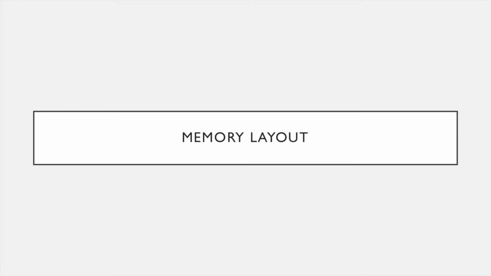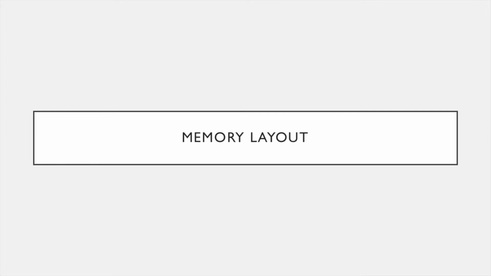Now you have to know how much memory that program requires. If you're trying to allocate more memory than you have on that system, your program will crash. So to make an effective program, you have to understand the memory layout.